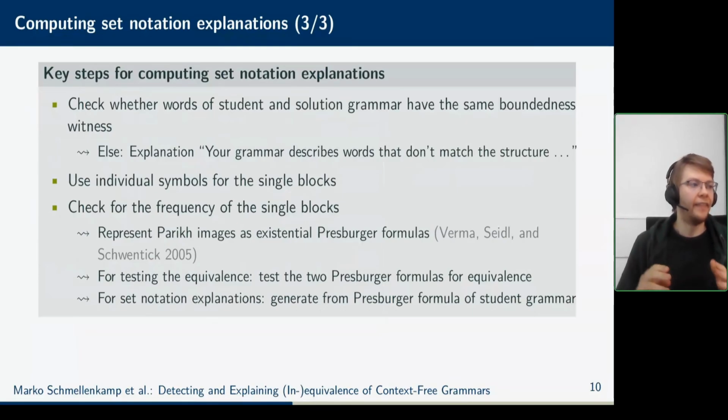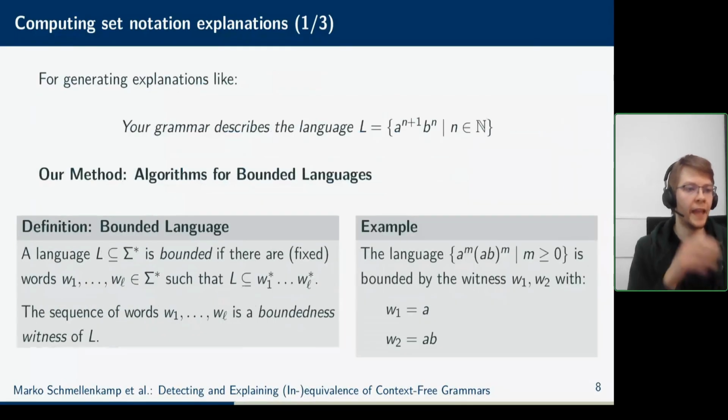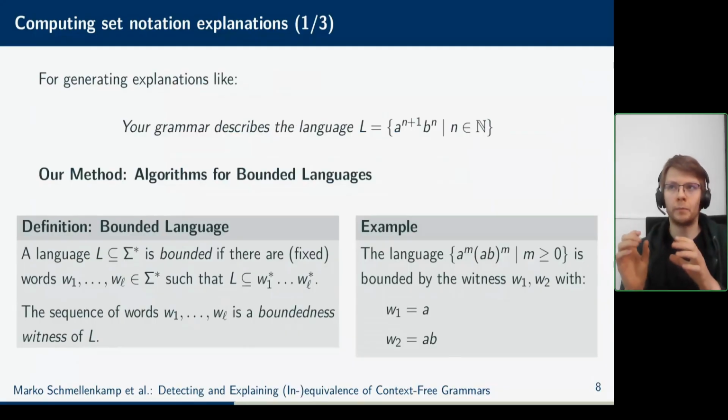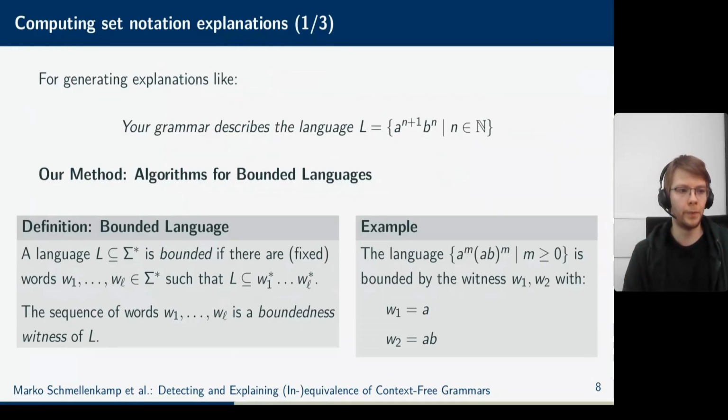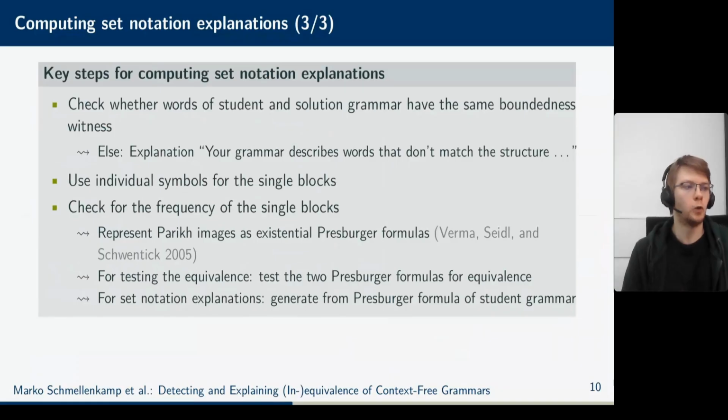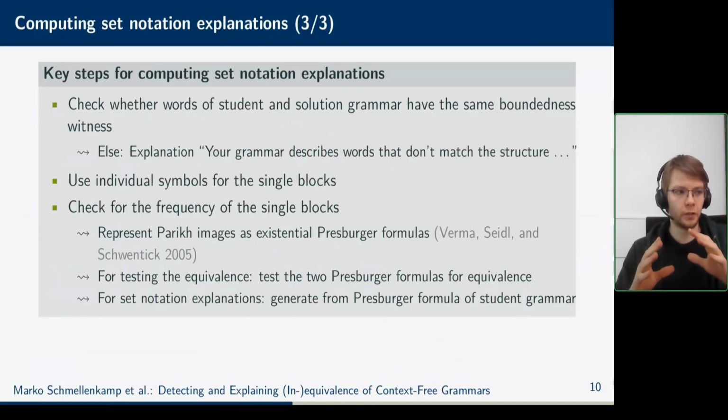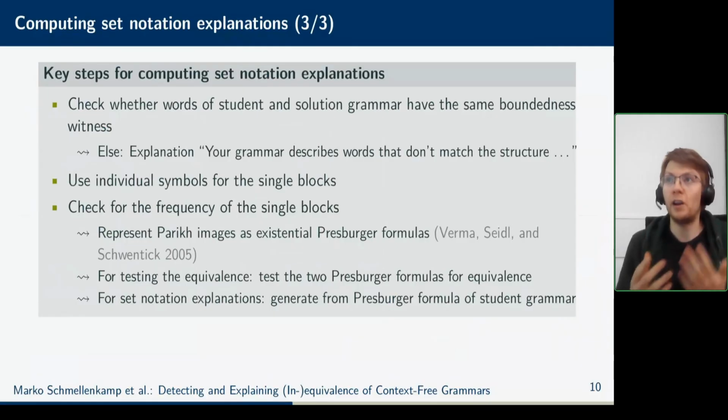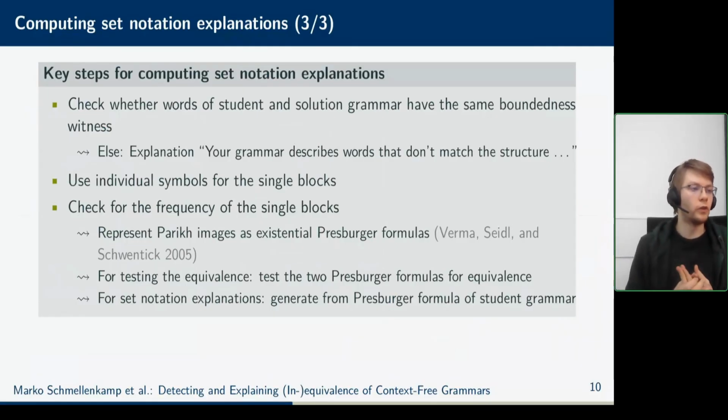But if that's fine, then we make sure to use distinct symbols for the different blocks. For example, I go back to the slides. In the example here, we have A and AB, so they are not disjunct. The A is present in both. So when we now use individual symbols for them, then we can use the Parikh image to describe how often the blocks appear.